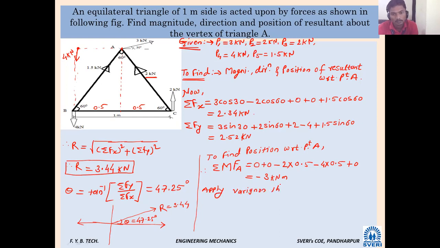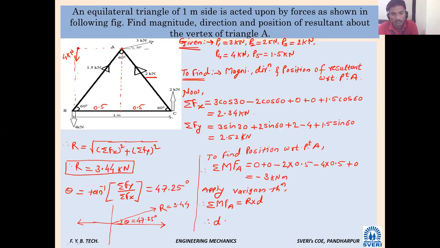Now apply Varignon theorem. Therefore, the summation of moments, M for moments, due to all forces about point A is equal to R into D. So what is unknown in this?